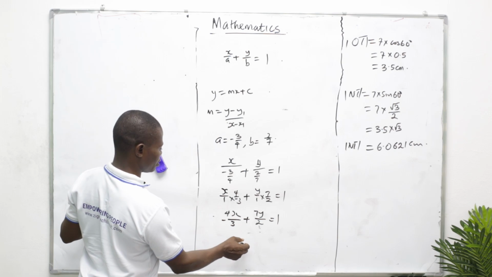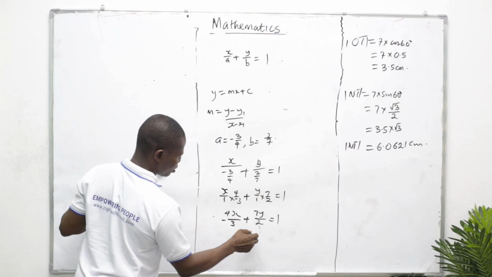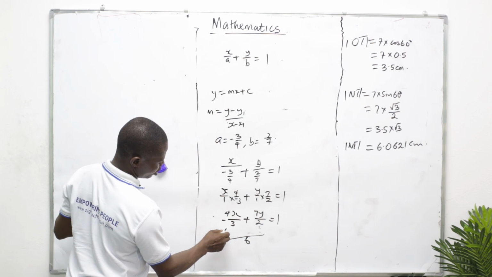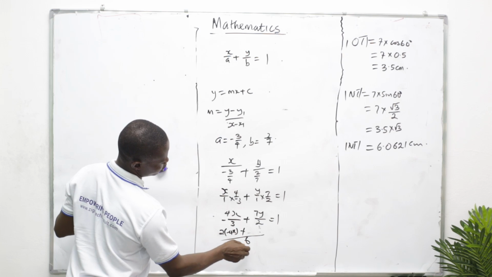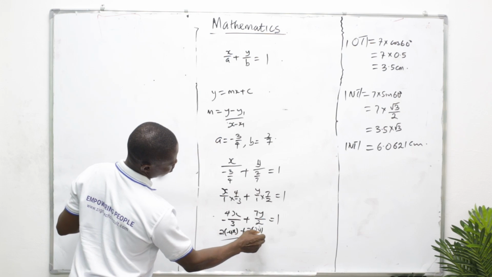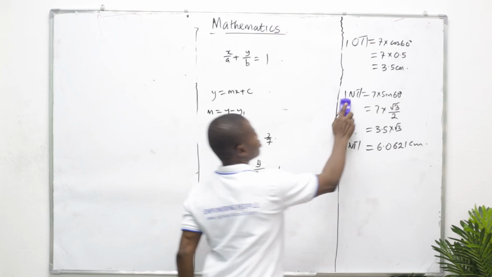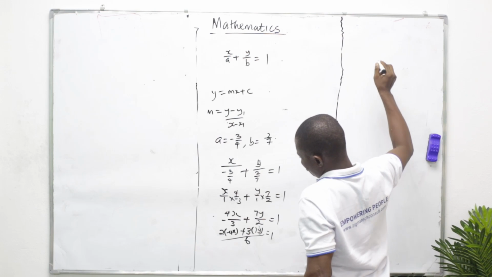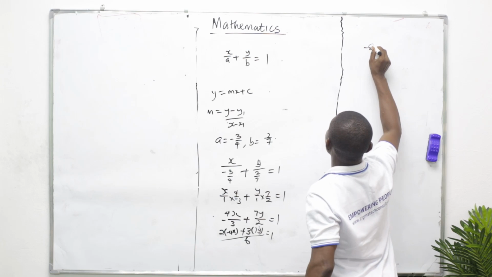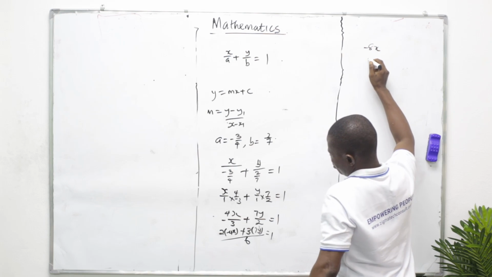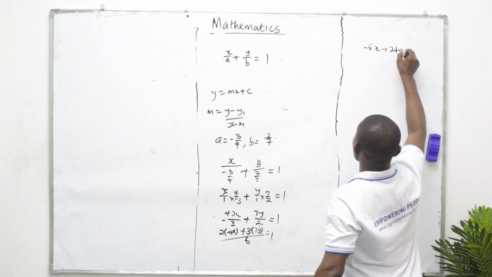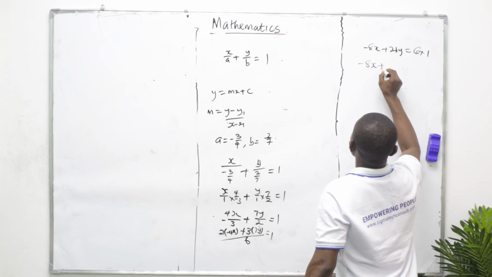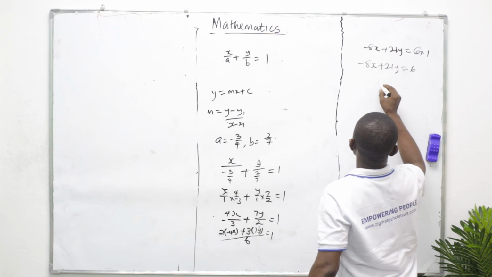Now we can look for the LCM. This is 6. 3 here is 2. 2 bracket minus 4x plus 3 bracket 7y equals 6 times 1. If we do this, we're going to have minus 8x plus 21y equals 6.